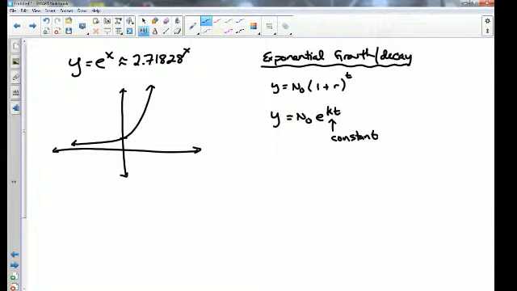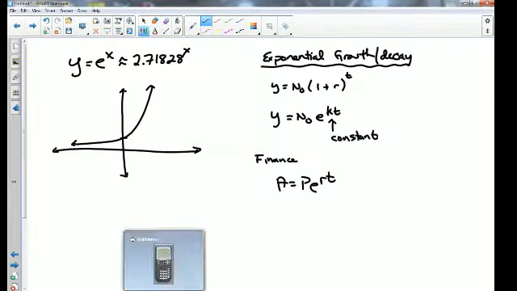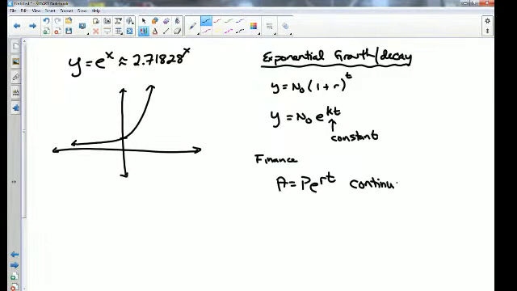Okay, finance. If you're doing finance, this is continuously compounded interest.